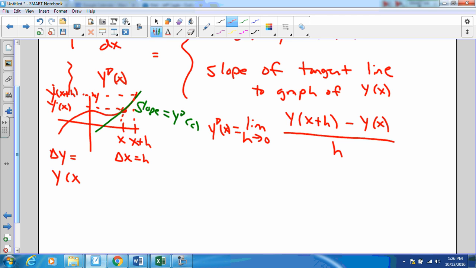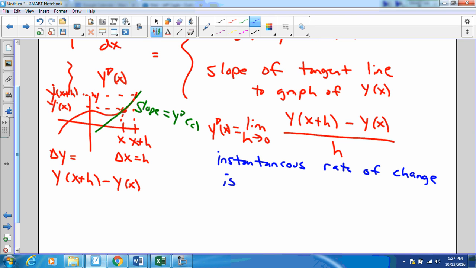So our delta y is equal to y of x plus h minus y of x. And so we have the delta y over the delta x giving us our average rate of change, and then if we take the limit as delta x goes to 0, that gives us the instantaneous rate of change. So our slogan is that the instantaneous rate of change is the limit of the average rate of change.